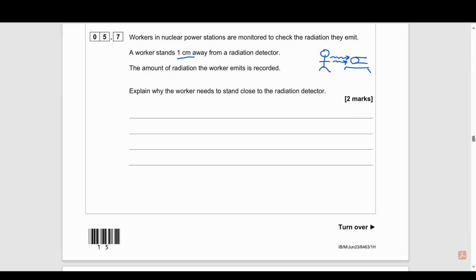But we must remember that there are different types of radiation and they have different properties. So the 3 types of radiation are alpha, beta, and gamma. Now the property we are interested in, in this case, is its range in air.